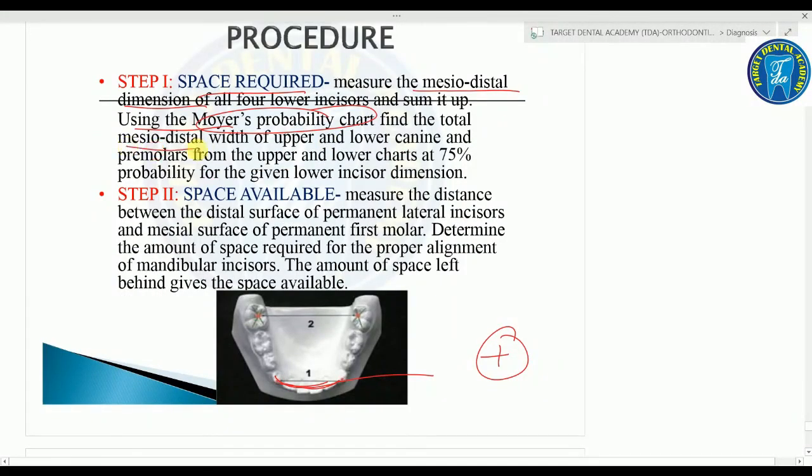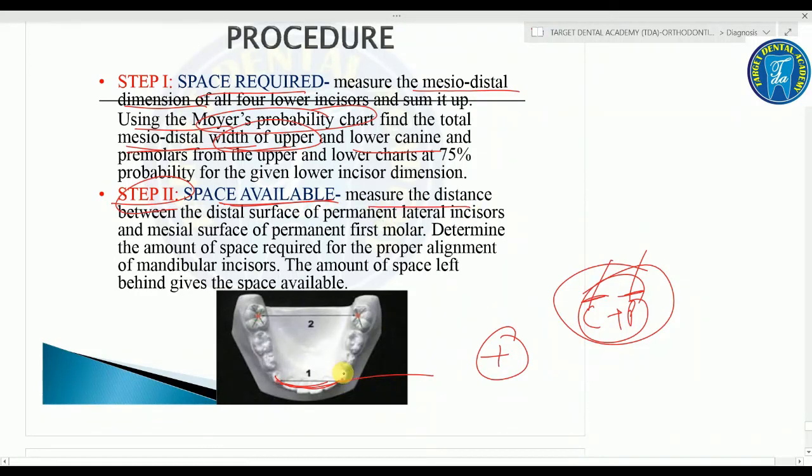Using Moyer's probability chart, find the total mesiodistal width of the upper and lower canine and premolar. Step 2 is the space available.